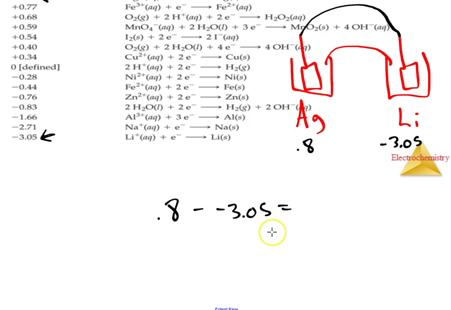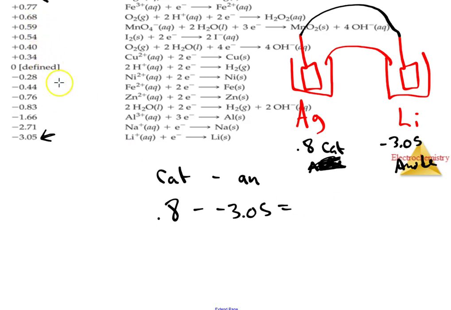All right, which we have cathode minus anode, do we not? So this would be my anode. This would be my cathode. This would be my anode. Then it wouldn't be spontaneous.